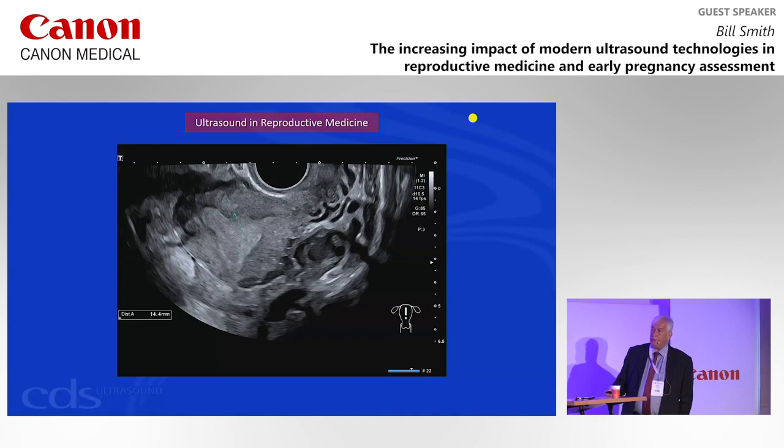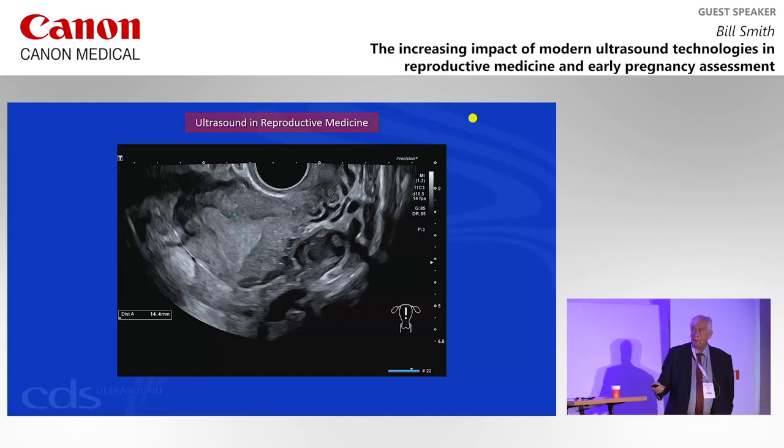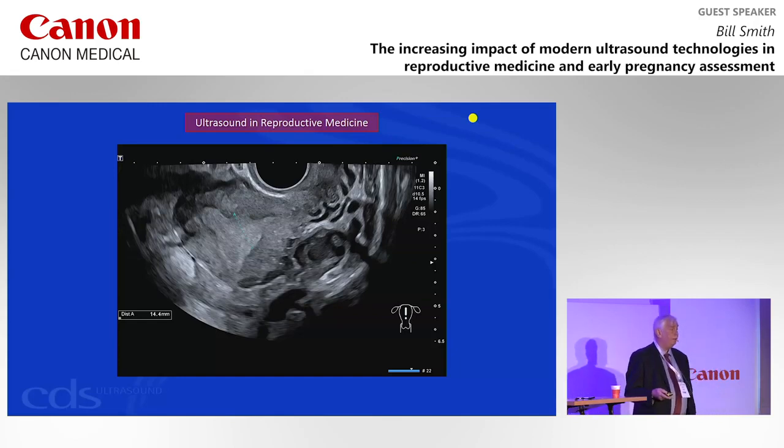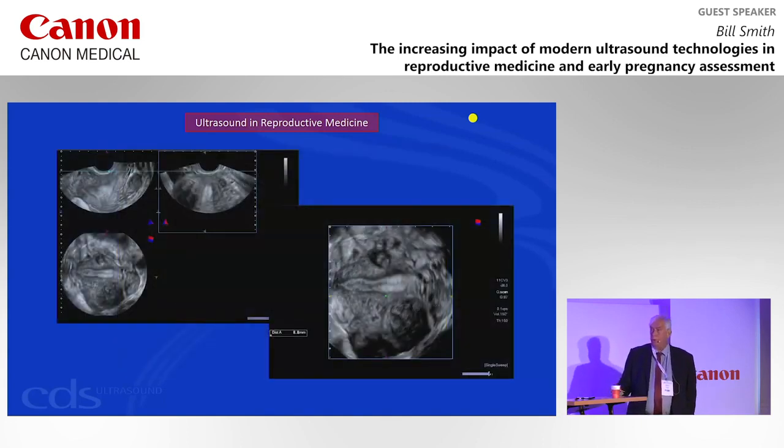If we look at this endometrium, it's 14 millimeters of endometrium there. This is an inaccurate measurement. This emphasizes the need for 3D grayscale. Because if we do a 3D sweep, within 10 seconds, we find that the lining is actually 8.8 millimeters, not 14 millimeters.